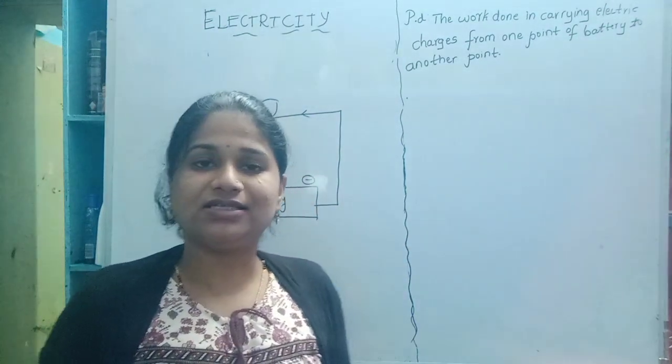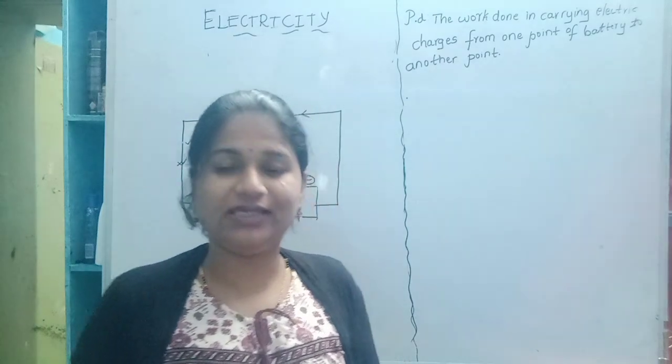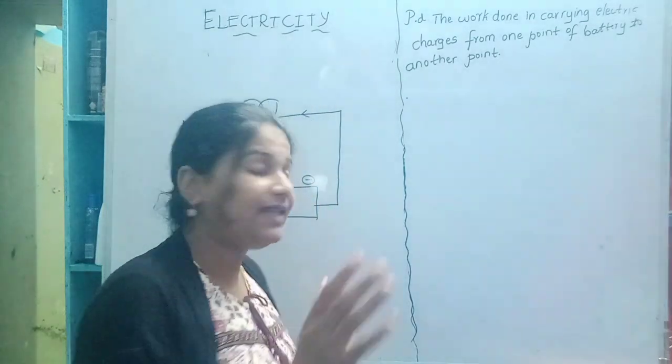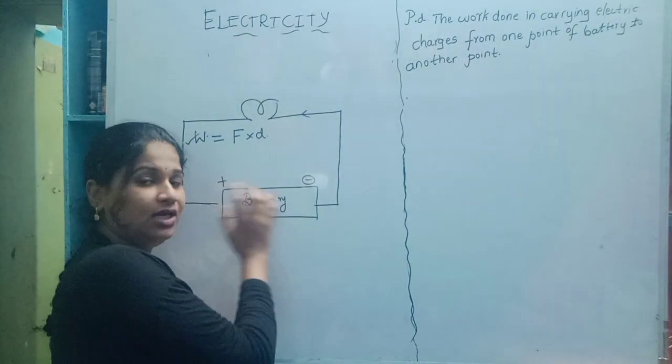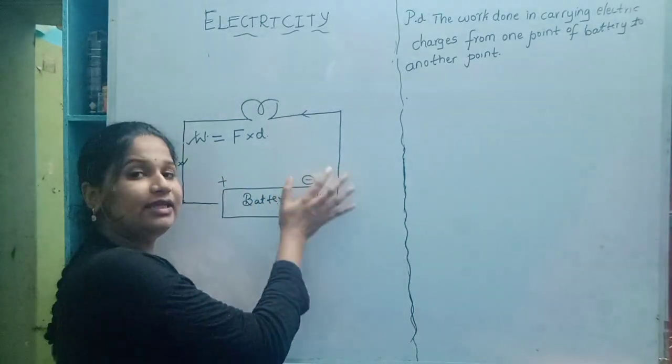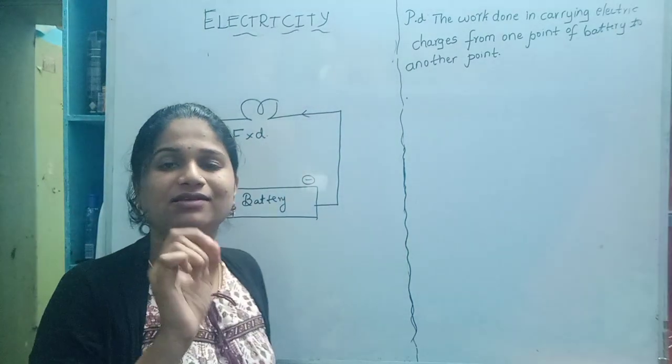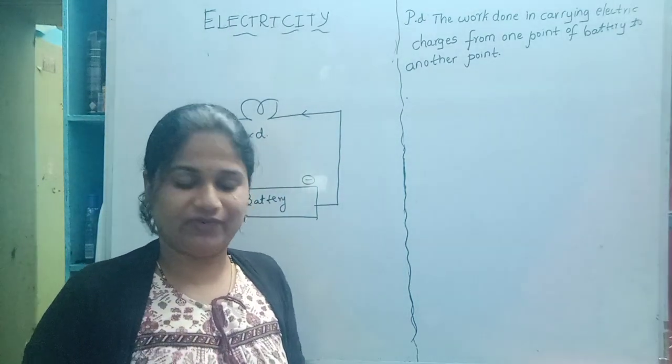So that gives us the potential difference. In common terms, the electric charge difference between the two ends of a battery, that is the positive and the negative terminal of a battery, is regarded as potential difference.